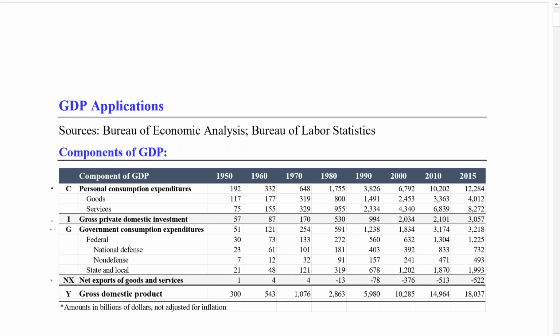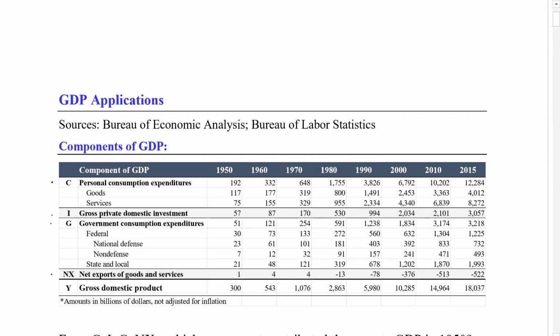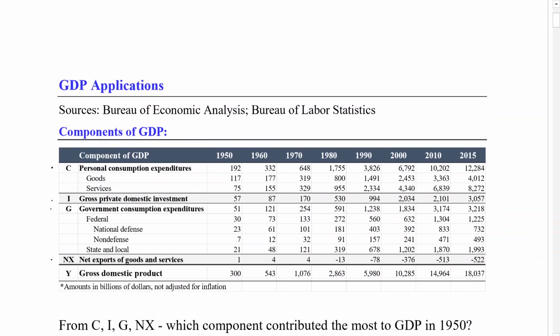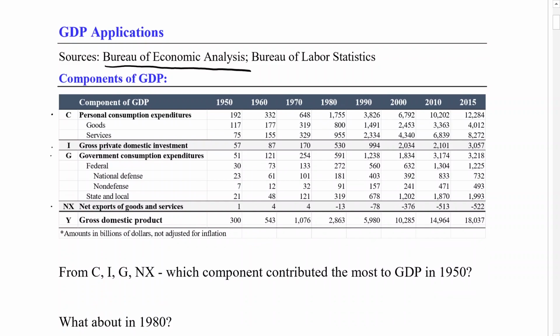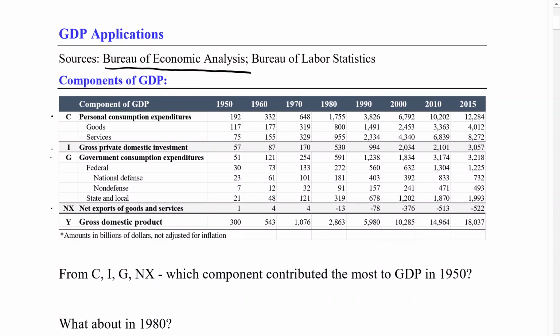In fact, it gets into even smaller detail if you were to continue out into the actual data set, which in this case comes from the Bureau of Economic Analysis. We have some time series here going back to 1950, and I would encourage you to pause, take a look at the table, look at any observations you have, and then I'm just going to go through here and talk about some of the main points coming off of this graph.